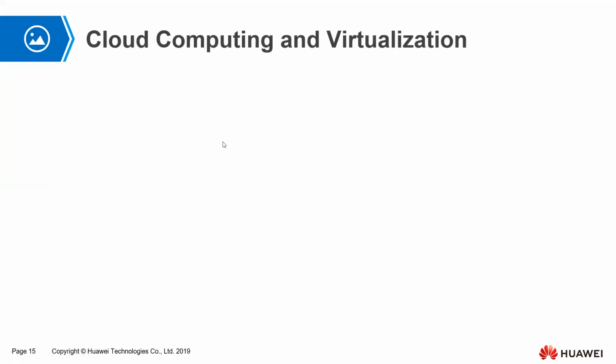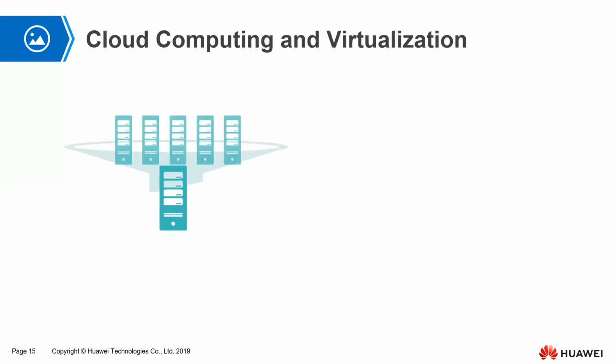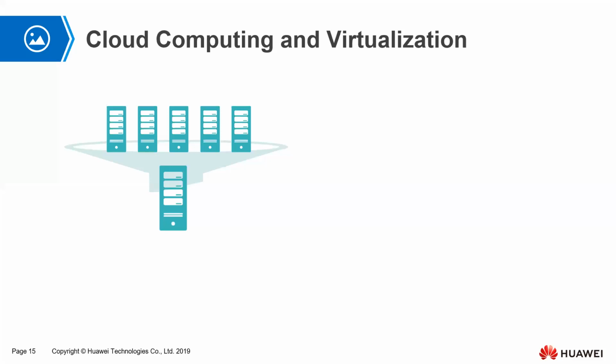Now let us try to look at what we are calling cloud computing and virtualization. We already looked at virtualization, and we said we have our physical machine here, which we can emulate and virtualize, and we can create multiple virtual machines or resources from it.